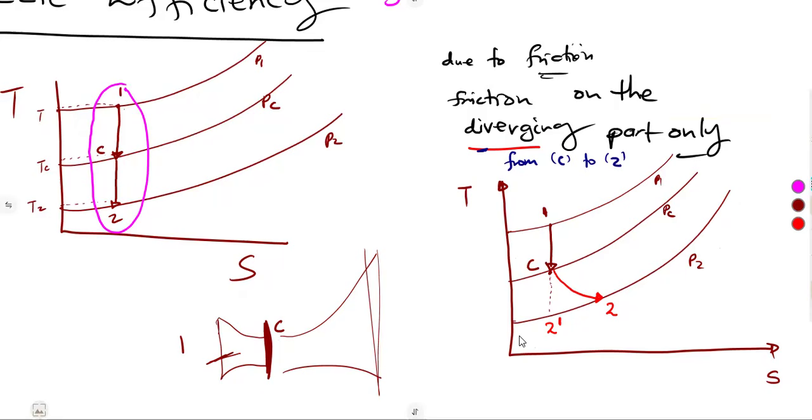Those are the adiabatic ideal values. So this will be our adiabatic path, this one, like this. And this path 1C2 like this is of the exact or actual values.